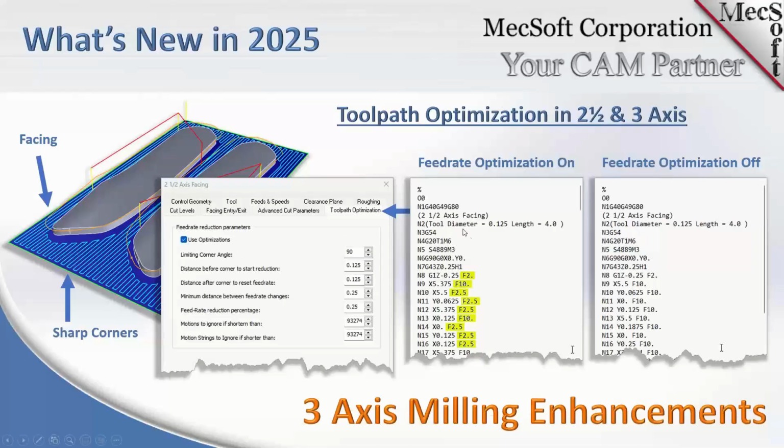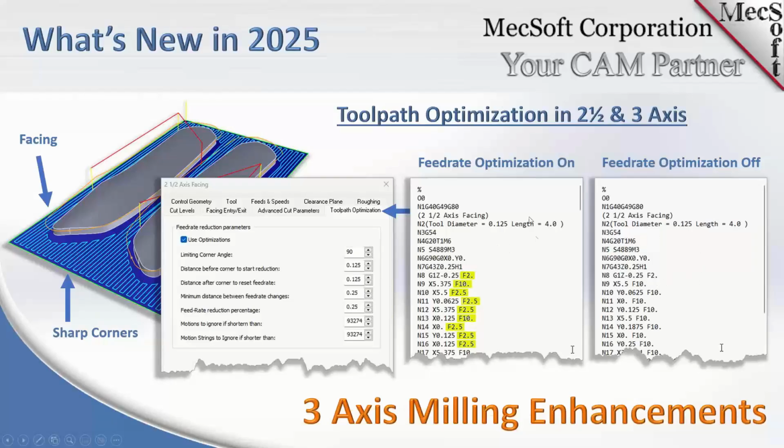Okay, thanks, Joe. What I was getting at is the feed rate reduction percentage. You see this is set at 0.25. So if you look at the G code here on the right, we see with no feed rate optimization, the cut feed rate was set to 10 in the cut parameters tab, or in the feeds and speeds tab, excuse me.